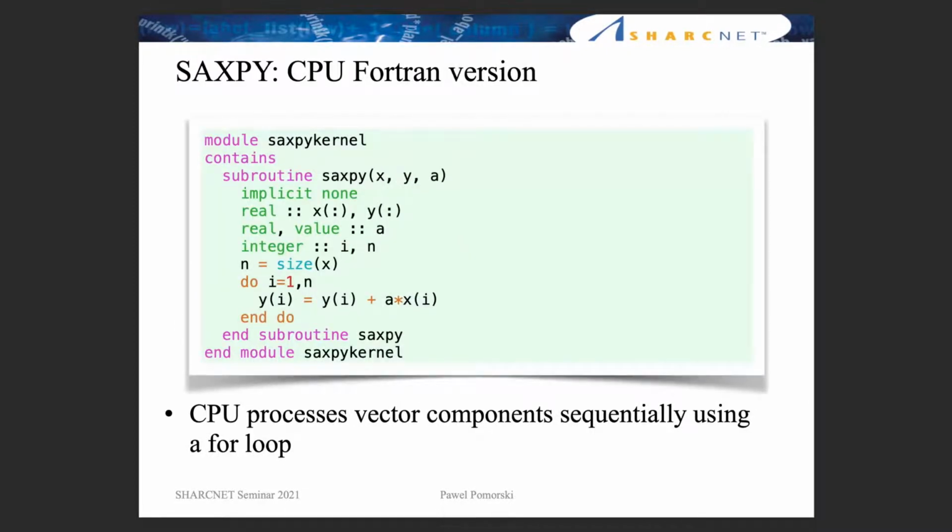So how would one do this in default Fortran, just vanilla Fortran? Well, here is a subroutine which does this. It's a subroutine which takes x, y, and a as arguments, and it does a loop from i equals 1 to n. It does a loop over all the elements of y and x, and it just applies the operation. So it's relatively simple.